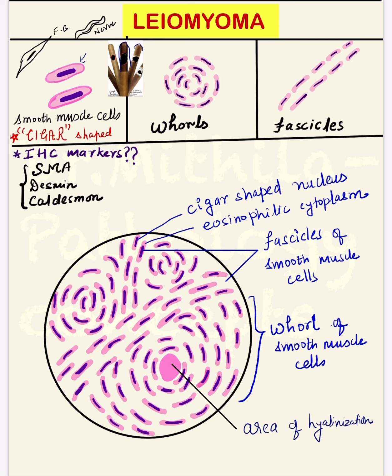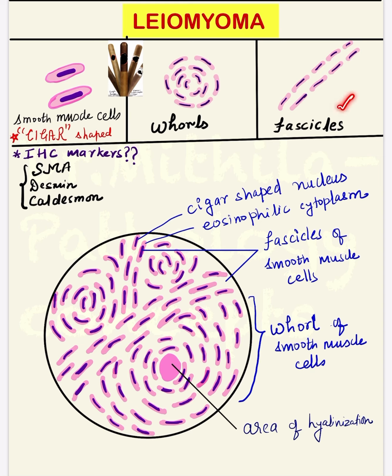leiomyoma. So first of all, you know how we make a smooth muscle cell, and secondly the pattern of arrangement of these cells in case of leiomyoma. In leiomyoma, these cells are arranged in the form of whorls and fascicles. Whorls means these cells are arranged in a circular arrangement, and even in the gross specimen of leiomyoma we see a whirling pattern.